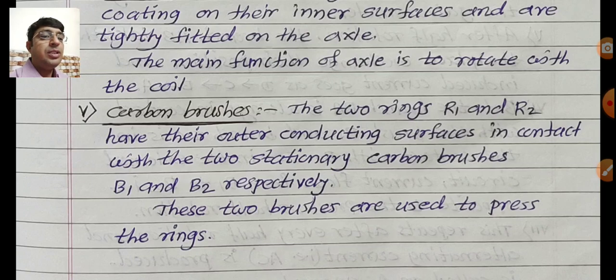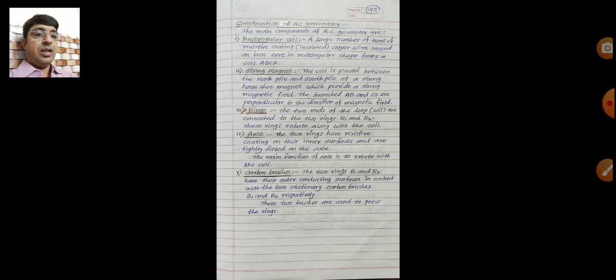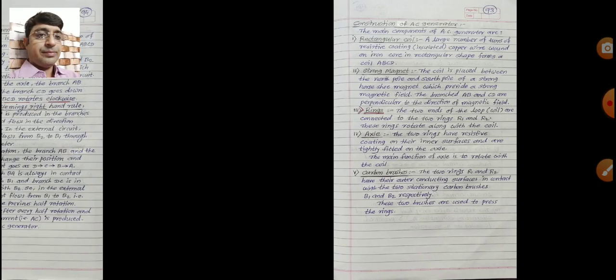What is the use of carbon brushes in the electric generator? These two carbon brushes are used to press the rings. So these are the components used in the AC generator.